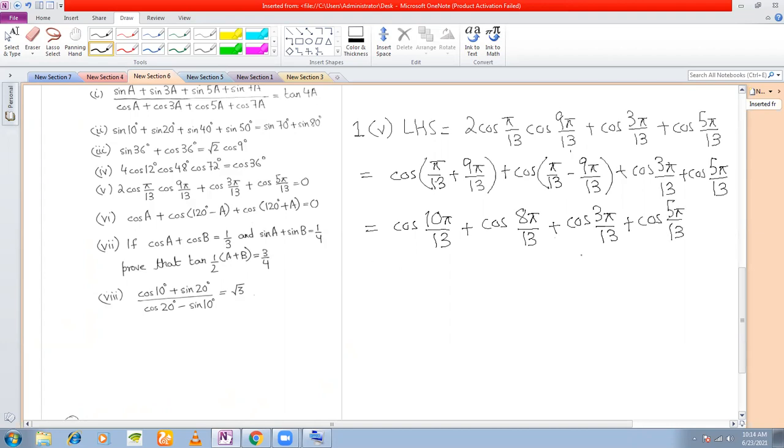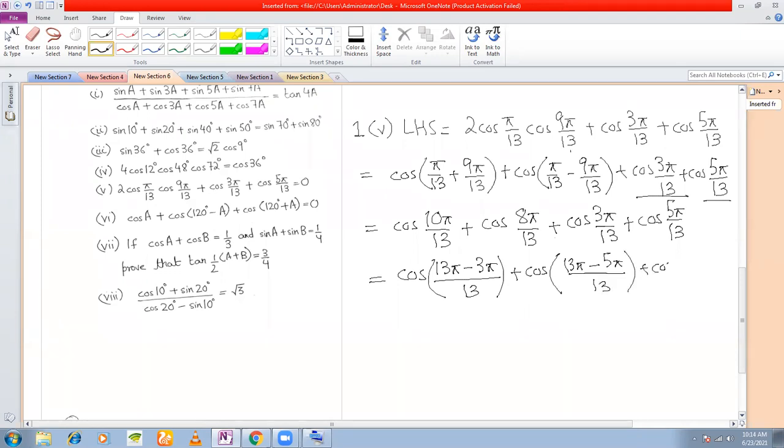So these two we are writing as it is. Now we'll do something about 10 pi by 13. We'll write 10 pi by 13 as 13 pi minus 3 pi by 13 plus cos, this you'll write as 13 pi minus 5 pi by 13.